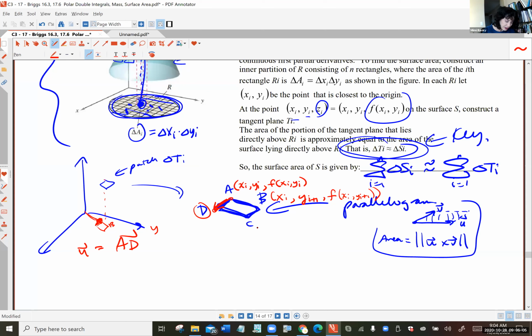His corresponding z coordinate will be f evaluated at x sub I plus 1, y sub I. And then finally, C's coordinates: everything has increased. C has x sub I plus 1, y sub I plus 1, and f evaluated at x sub I plus 1, y sub I plus 1.